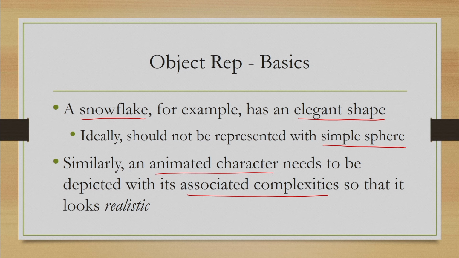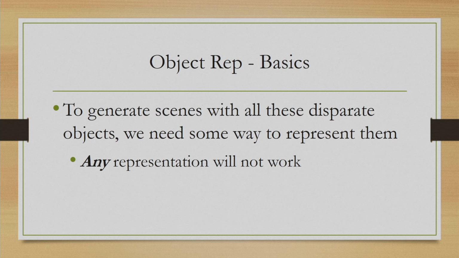We should not try to simplify it using, say, simple polygons or simple geometric shapes. Now, to generate a scene with all these disparate objects, what do we need? We need some way to represent them, so that computers can understand and process those objects. And as I said before, any representation will not work. We cannot represent a snowflake with a sphere, as that will reduce the realistic feel of the generated image.